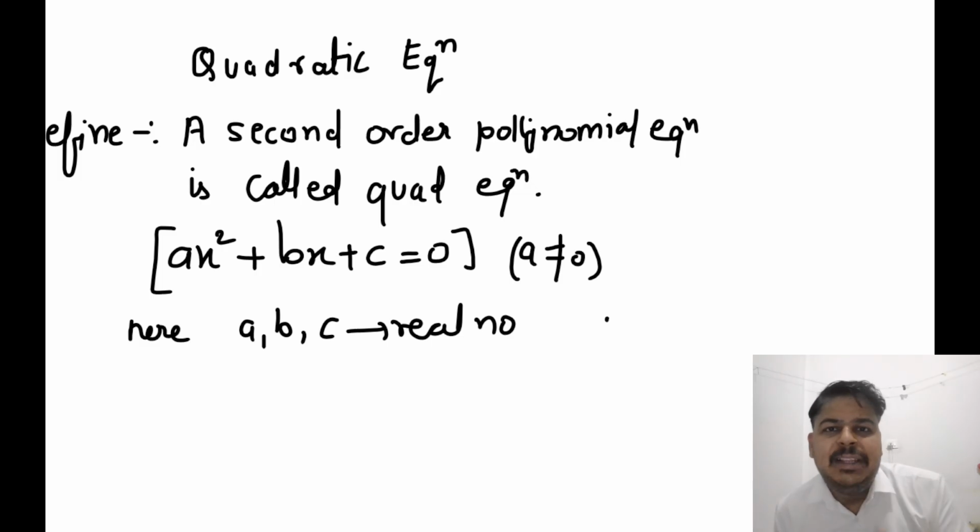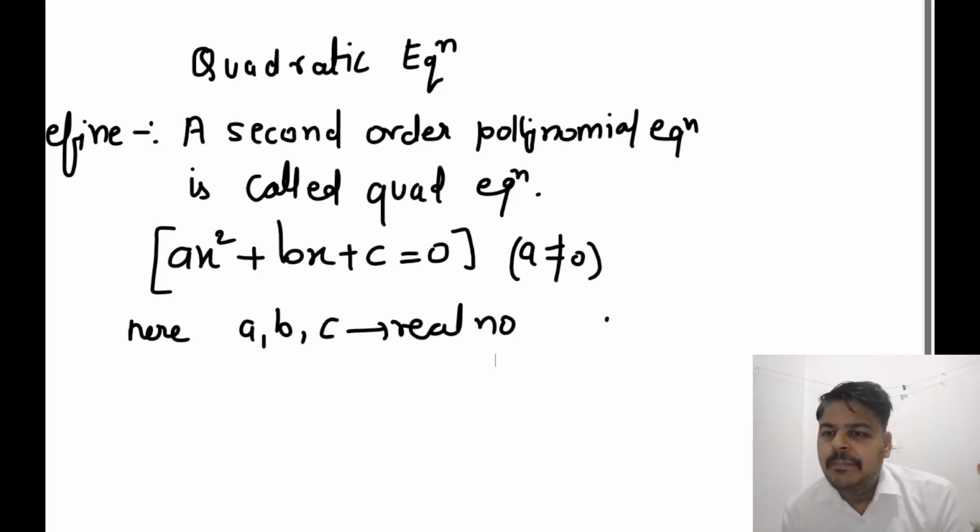You cannot take a square root as a, b, c. And if a is equal to 0, then the equation becomes a linear equation, so it is necessary that a should not be 0.